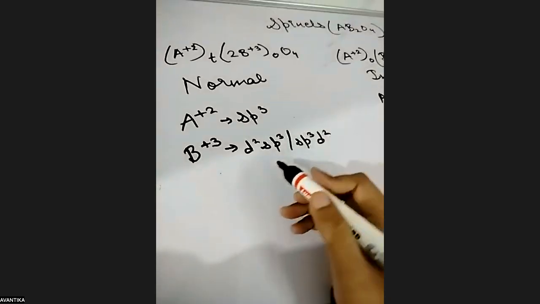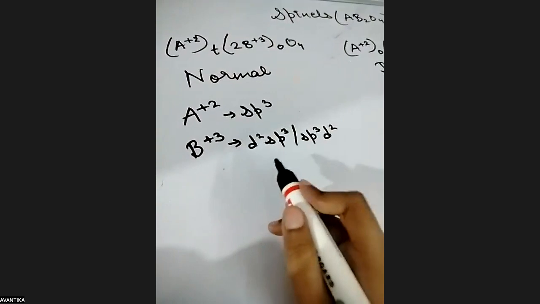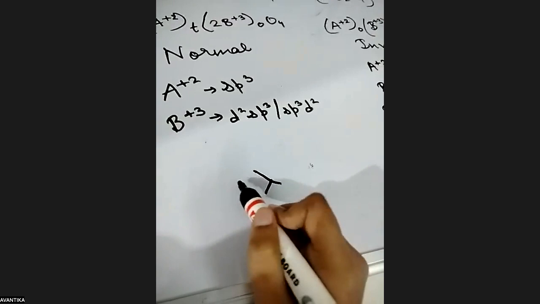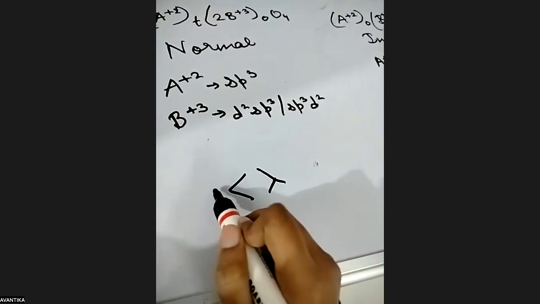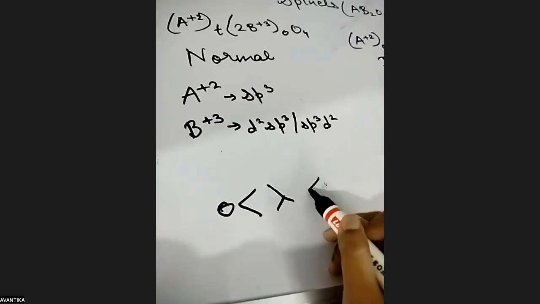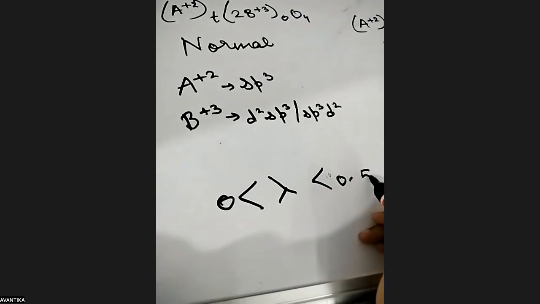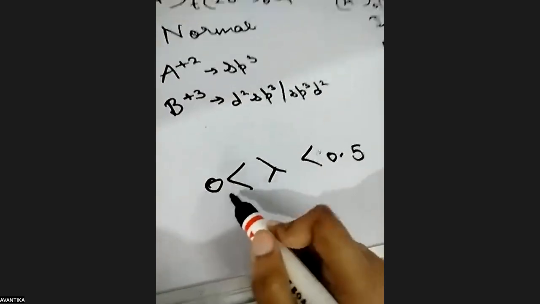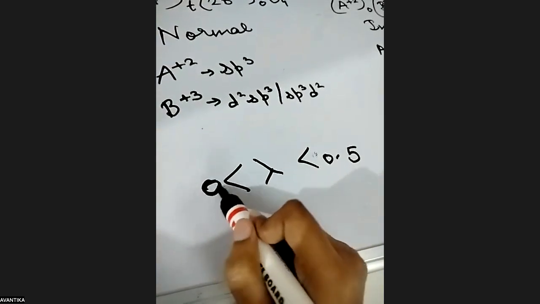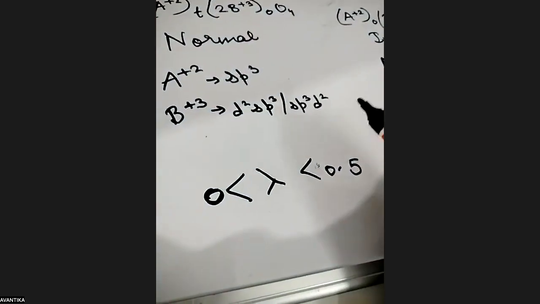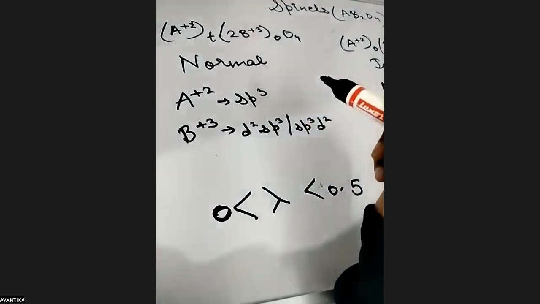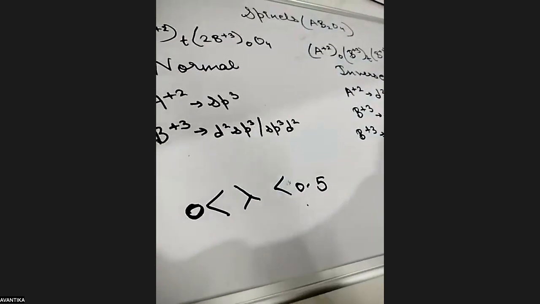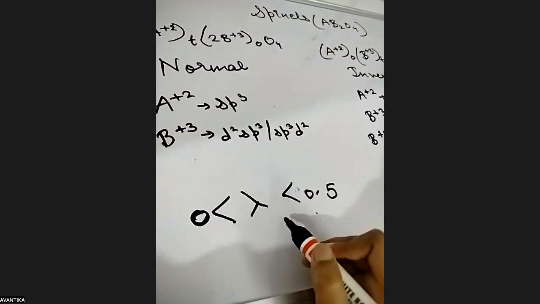Generally the value of lambda lies between 0 and 0.5. If the value of lambda is 0, then we can say it is normal spinel, and if it is 0.5, then it is inverse spinel, and if it is in between, it can be called partial.